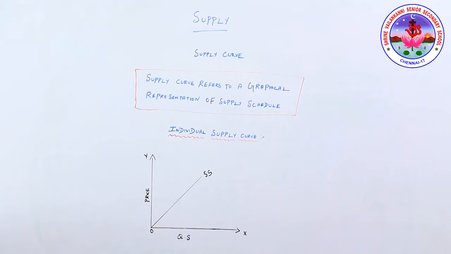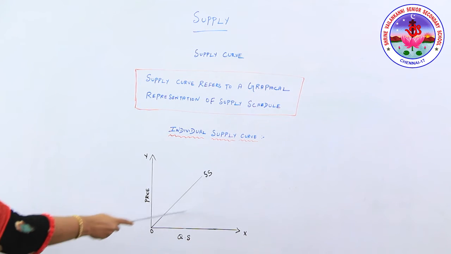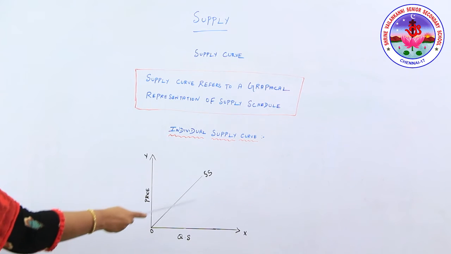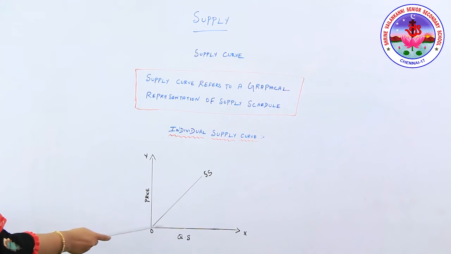More is supplied at higher prices and less at lower prices. So what will happen to the supply curve? The supply curve slopes upward from left to right. So it's called the individual supply curve.